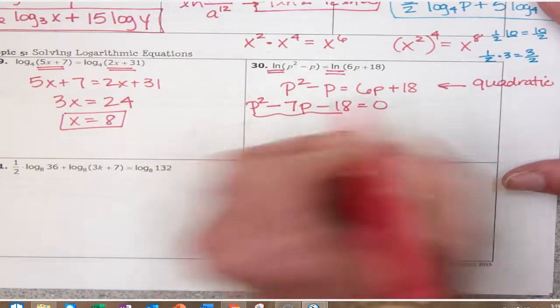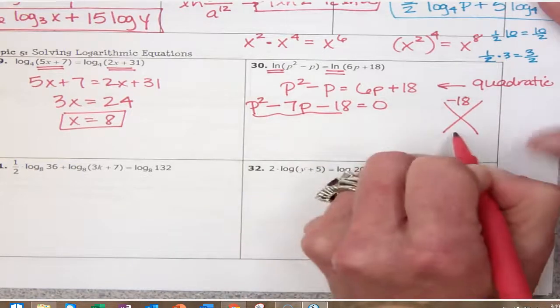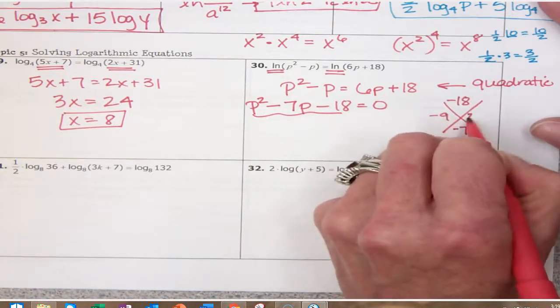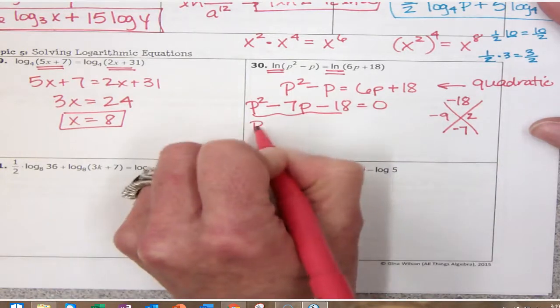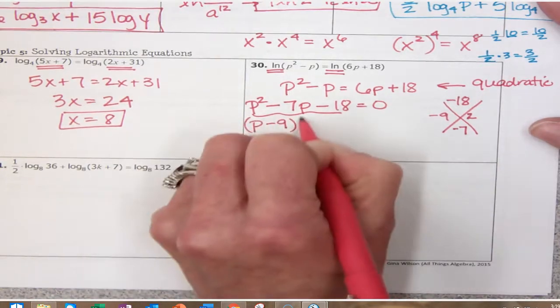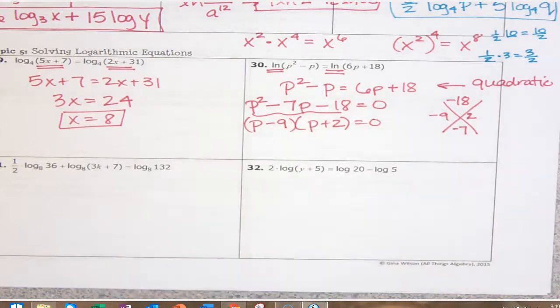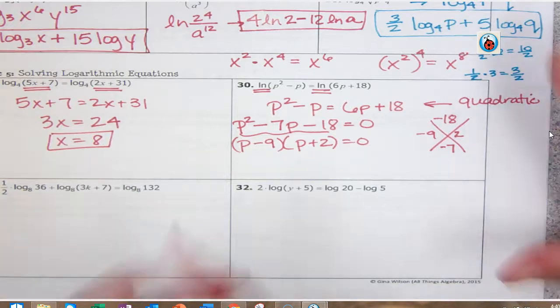Now I've got a trinomial. What two numbers multiply to give me negative 18 and add to give me negative 7? Now I can factor: p minus 9, p plus 2. Then you just solve for p.